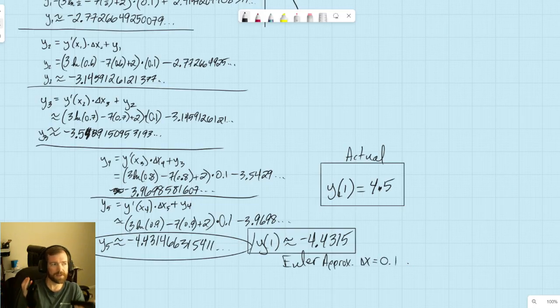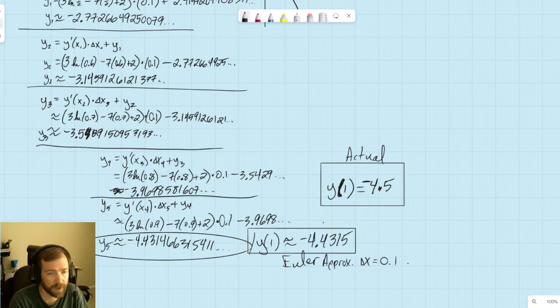With a delta x of 0.1 and working this out, our actual value is 4.5, but the Euler approximation value, negative 4.5. Yeah, all right, cool. Oh, right, because the natural log is 0 at... Man. All right, negative 4.5.